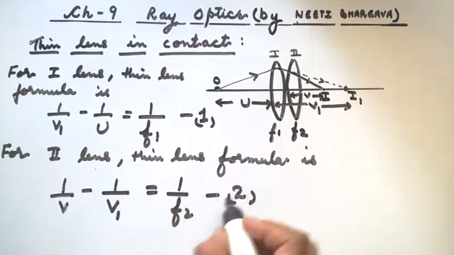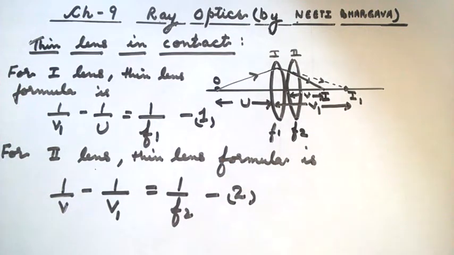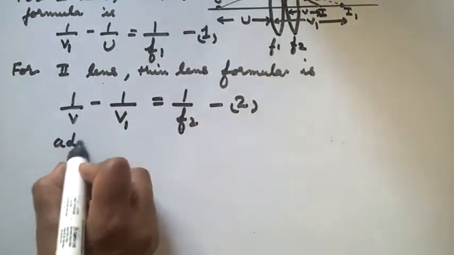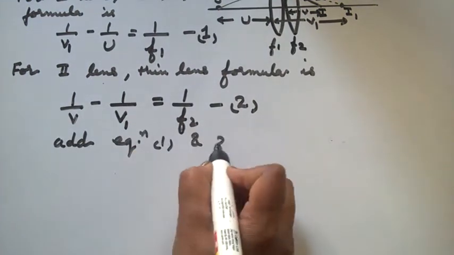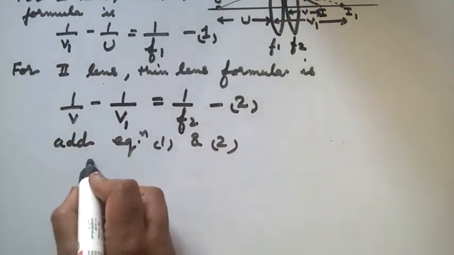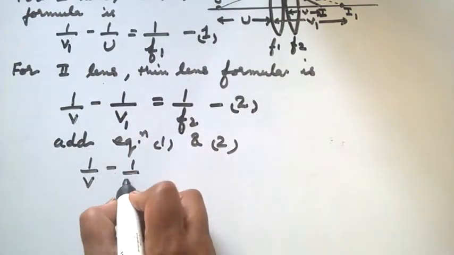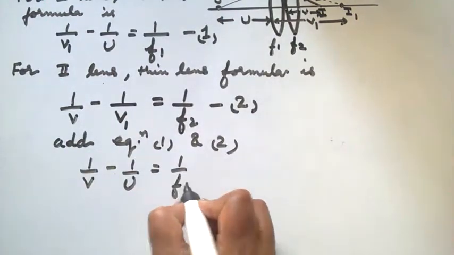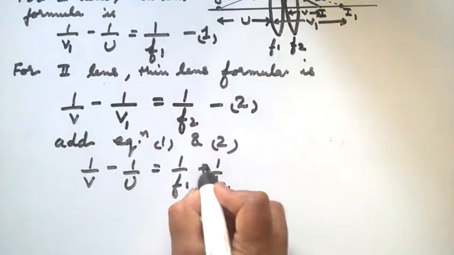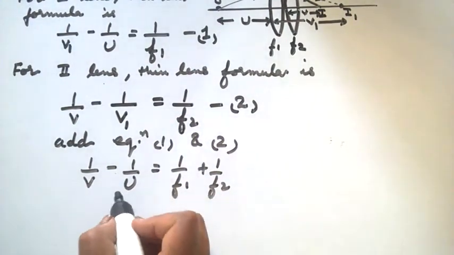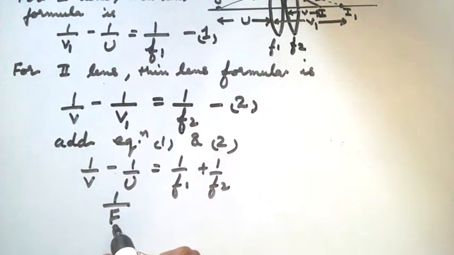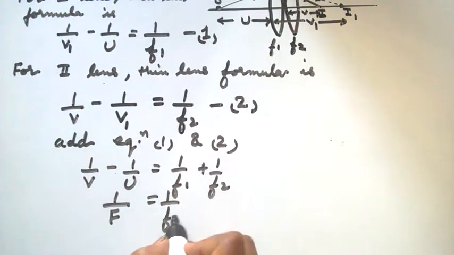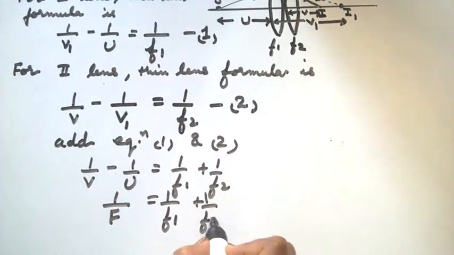Now add equation number 1 and 2, we get 1 upon v minus 1 by u equal to 1 upon f1 plus 1 upon f2. We know 1 upon v minus 1 upon u is equal to 1 by f, and this f is called the effective or equivalent focal length. This is the focal length for the two lenses.